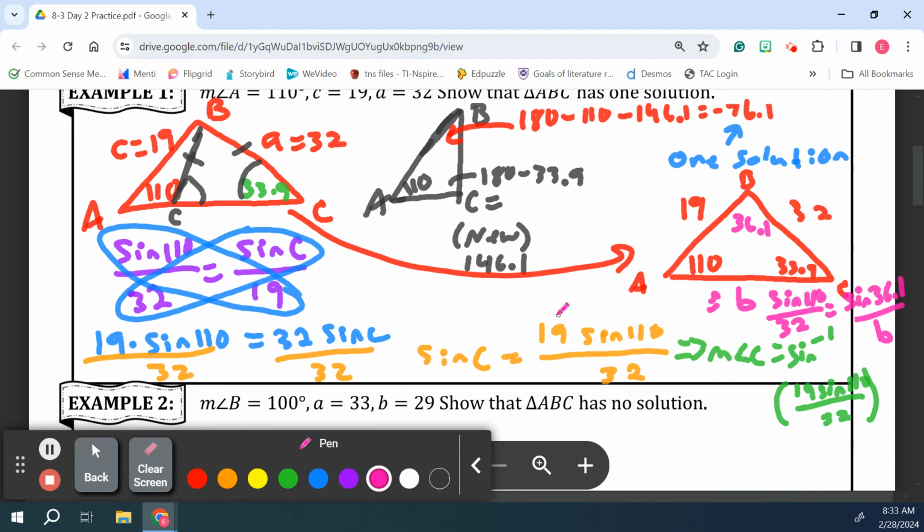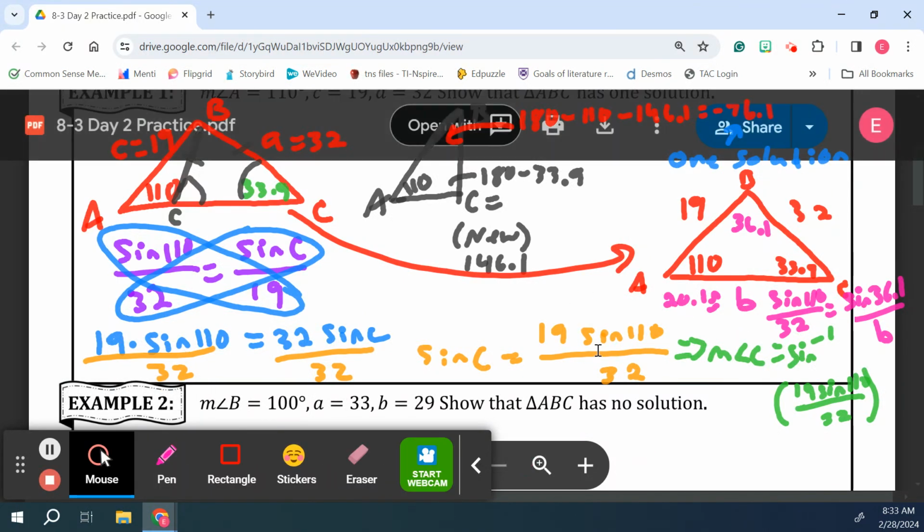Can we stop guessing and actually calculate it? It's close. It's not 20 though. It's 20.1, very good. Do you think that's going to make a difference on your test? Absolutely. All right, let's take a look at no solution now.